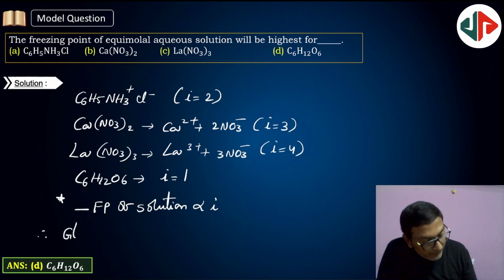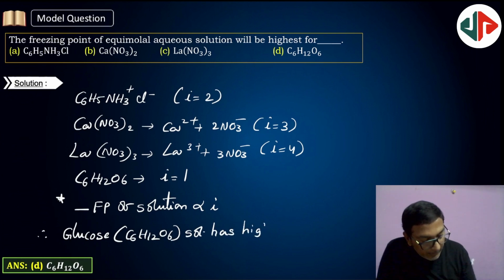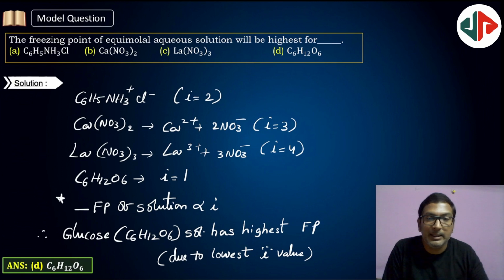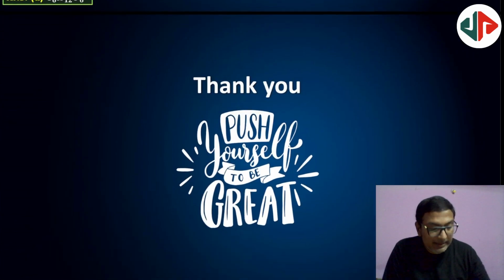So the glucose C6H12O6 solution has the highest freezing point due to the lowest i value. As the i value decreases, the freezing point of the solution increases. Therefore option D. So this is the end of the chapter.